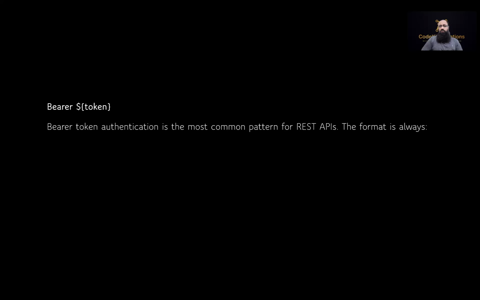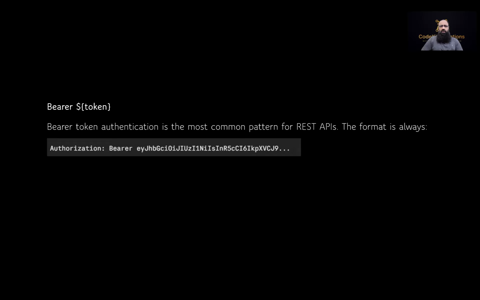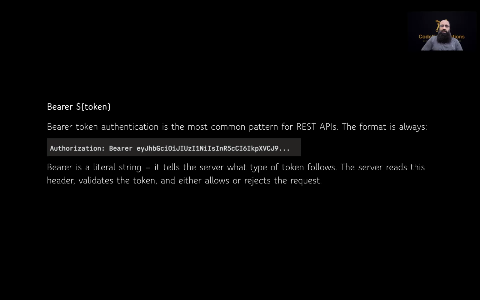So this is more of an authentication token, which is being used in the most common pattern. So when we'll be creating our own authentication server, we'll be discussing this in more detail. But for the time being, you can think authentication bearer token is being used in this way within the header. So bearer is a literal string. It tells the server what kind of token follows. So the server reads this header, validates the token, and either allows or rejects.